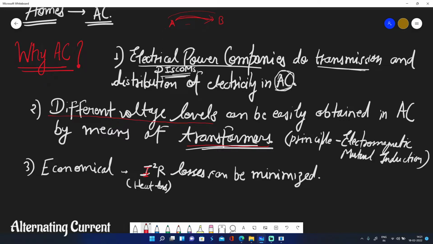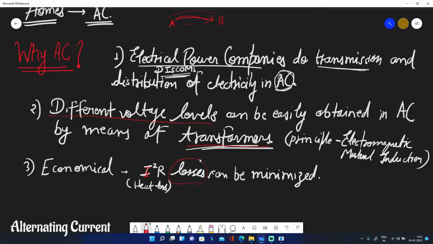Long distances of wires are used, and for that losses have to be minimized. To minimize these losses, one important step is to change the voltage levels.